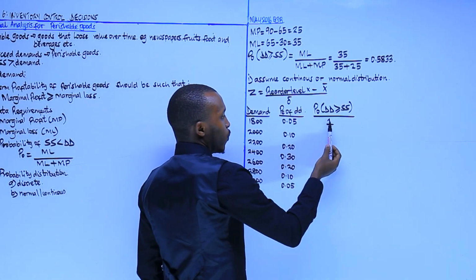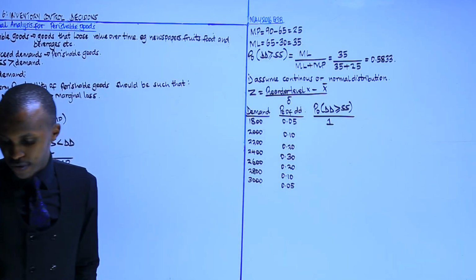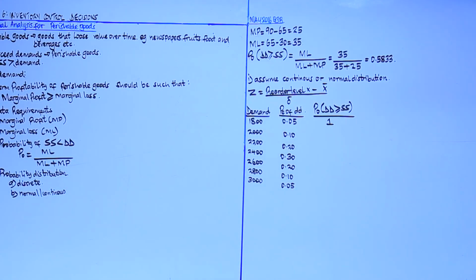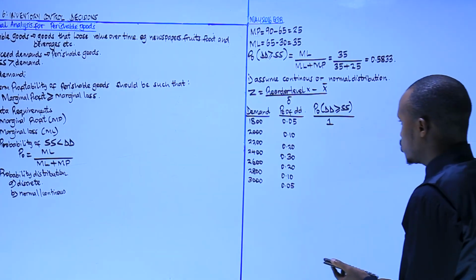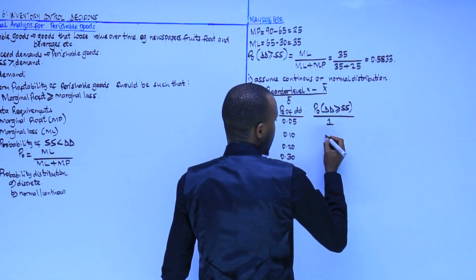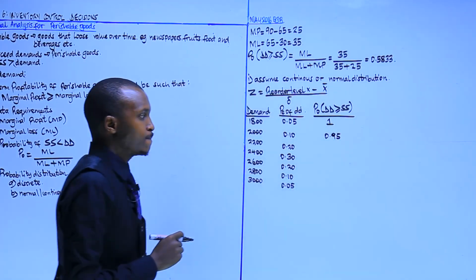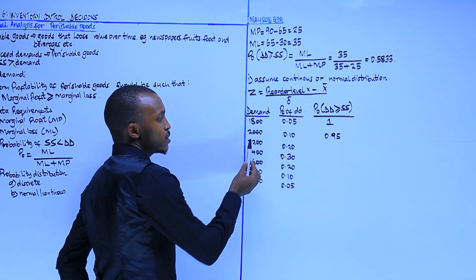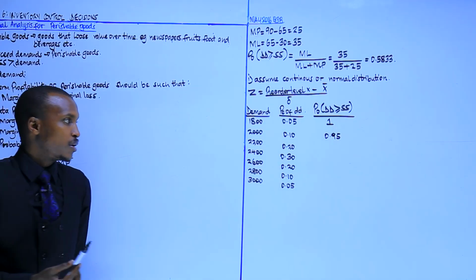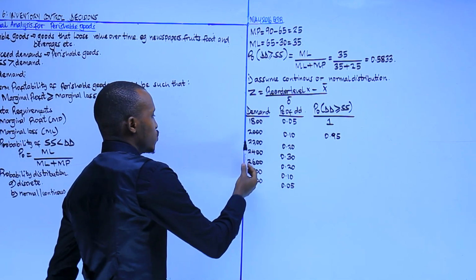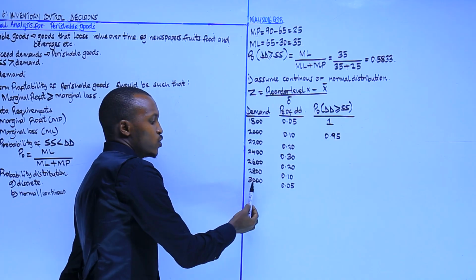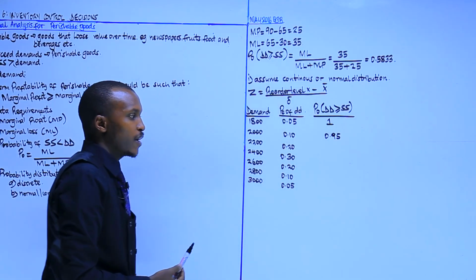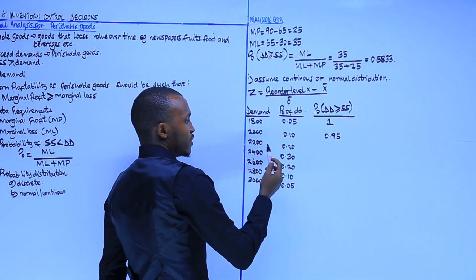You're simply going to take 1 minus 0.05, which will be 0.95. And how is that? Where your demand is more than 2000 is from 2000 all the way to 3000, which is the same as saying 1 minus 0.05.